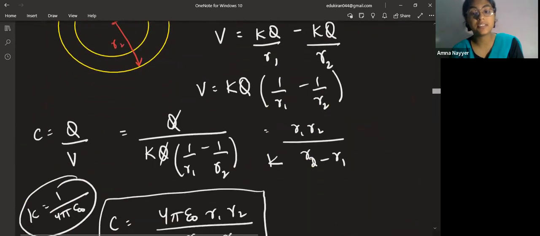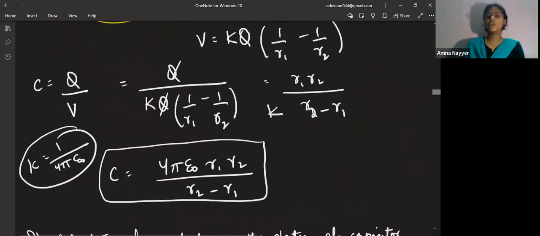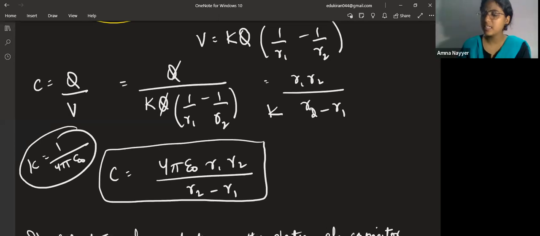So yes, spherical capacitors. This is the formula for a spherical capacitor: 4 pi epsilon naught R1 R2 divided by R2 minus R1. That's it. This is the simple basic formula.